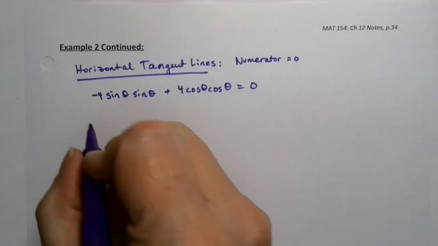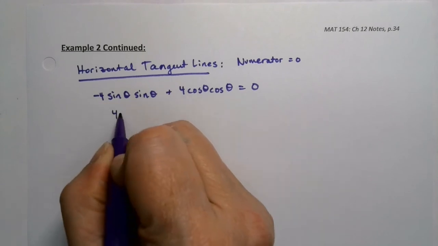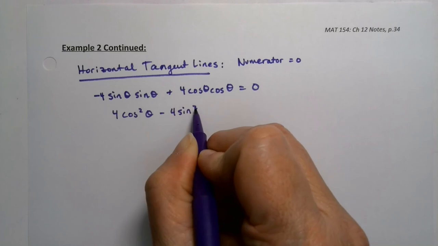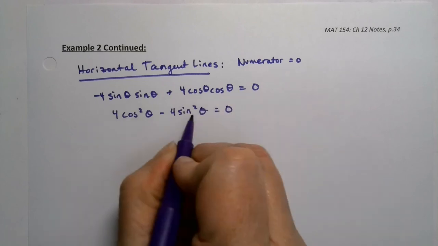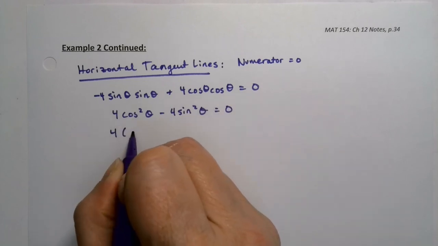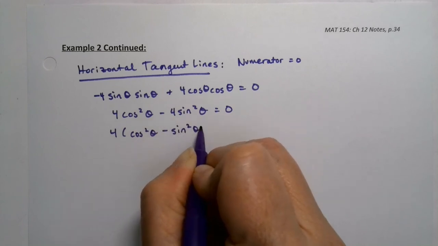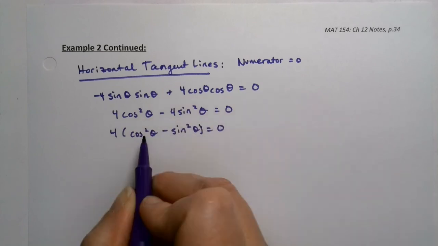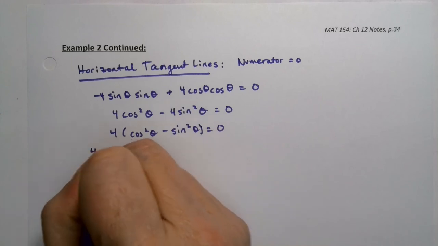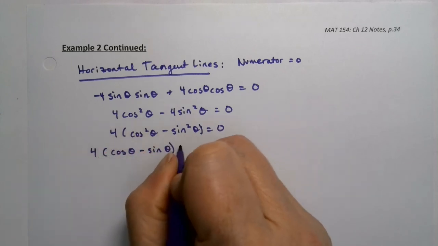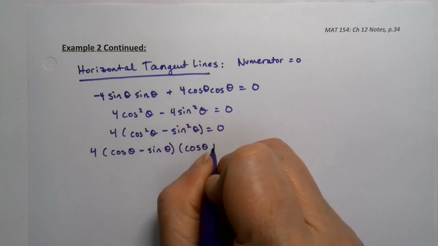All right, so that would be, let's see, 4 cosine squared theta minus 4 sine squared theta is equal to 0. Factor the 4 out, so that's cosine squared theta minus sine squared theta equals 0. That factors, so that is the cosine of theta minus the sine of theta, and then the cosine of theta plus the sine of theta.